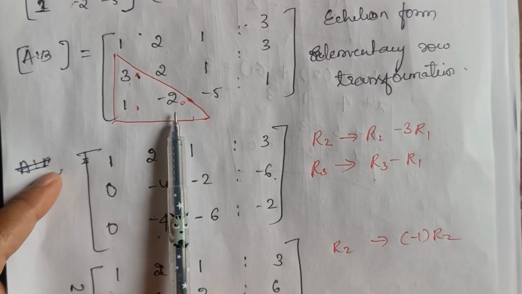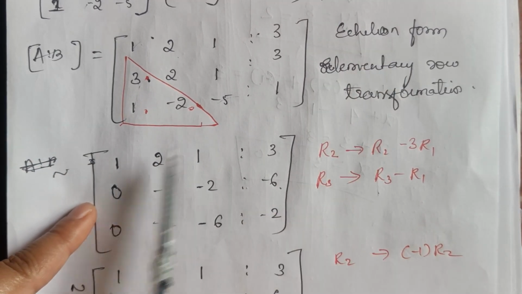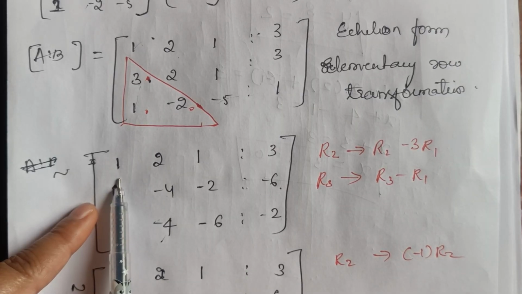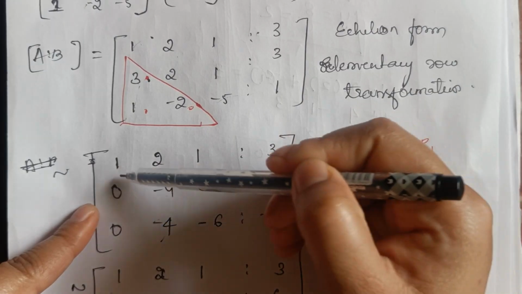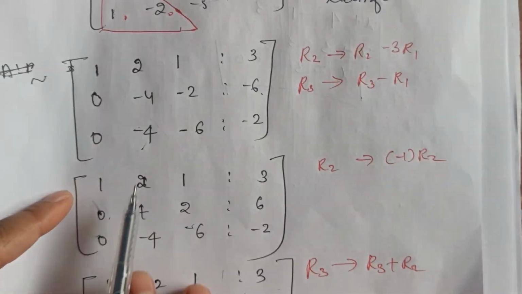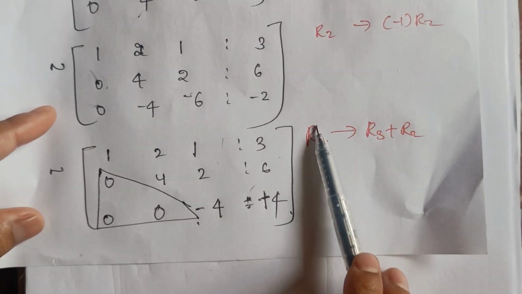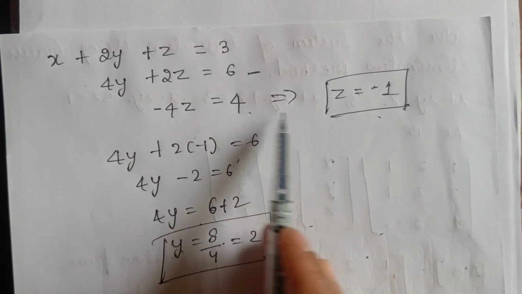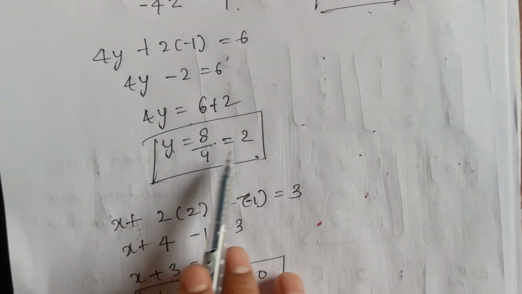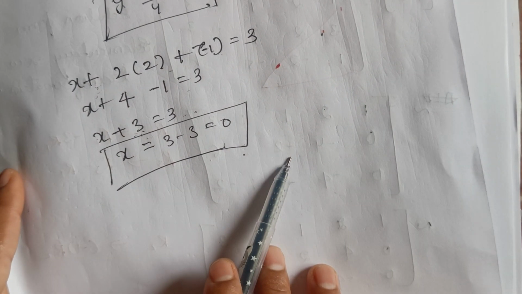According to the echelon form rule, the first element has to be 1, and the elements below it in the lower rows have to be 0. I performed some row operations to get this upper triangular matrix. Using these three equations, I got the value of z, then the value of y, and then the value of x. I hope this is clear.